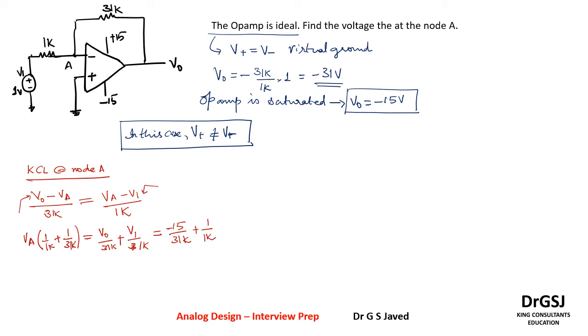Since we have K in all the denominators, let us simplify that equation, and you also see that the denominator is the same.